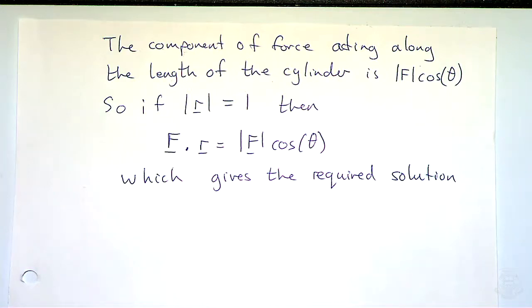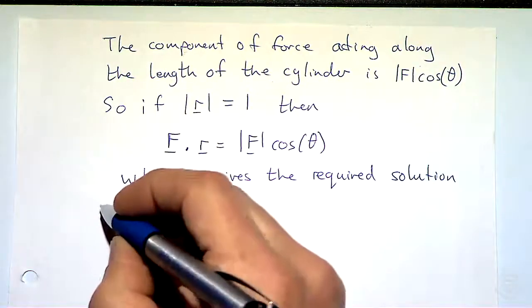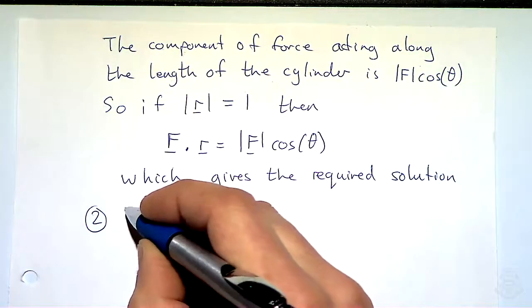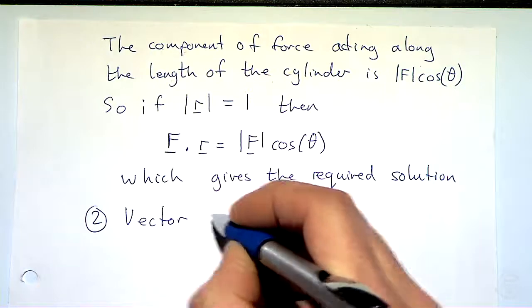Okay, so that gives us an example of using the scalar product or dot product. Much more important for us is the cross product. The vector cross product is the thing that we'll use much more. So that's the second type of vector product.